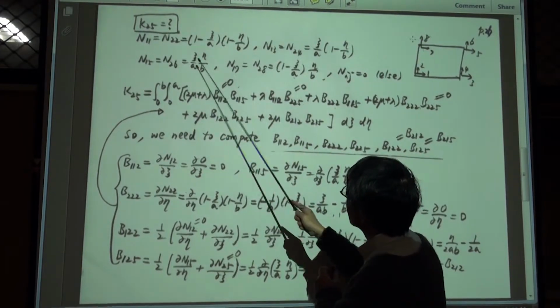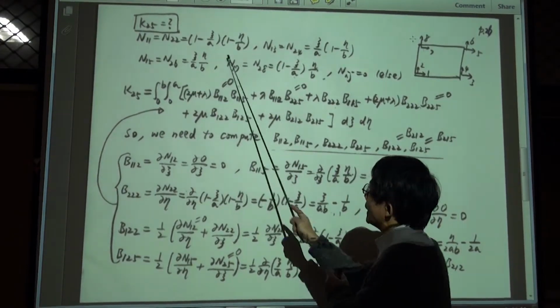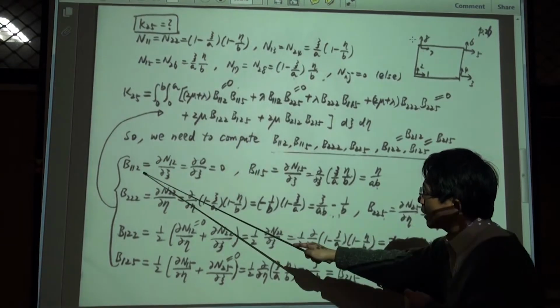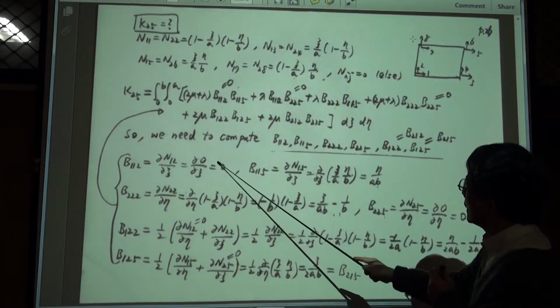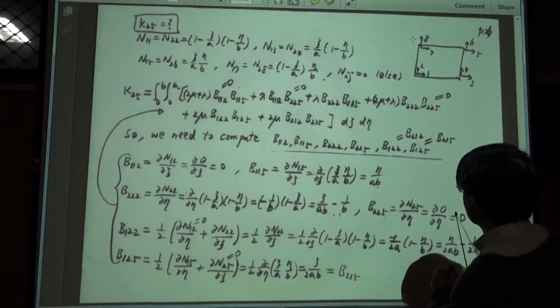We have the shape function before, and from it we can calculate the shape function for the strain. We find that some of the shape functions are 0.